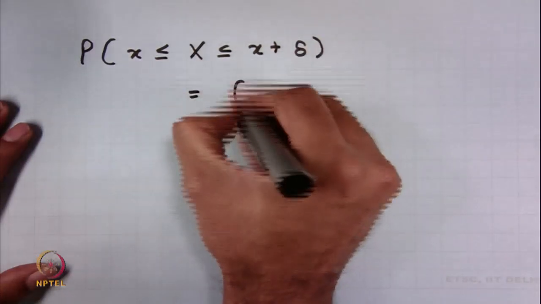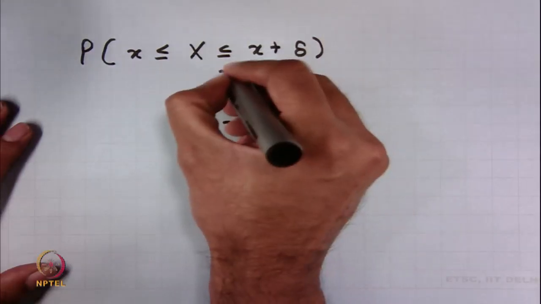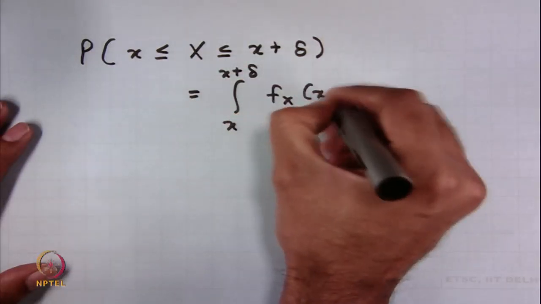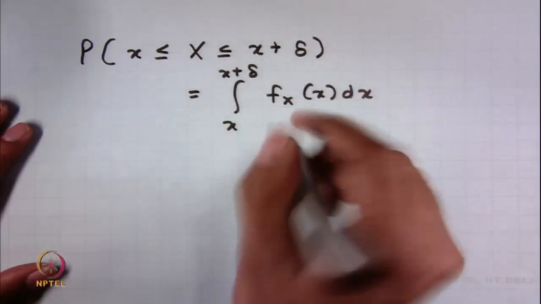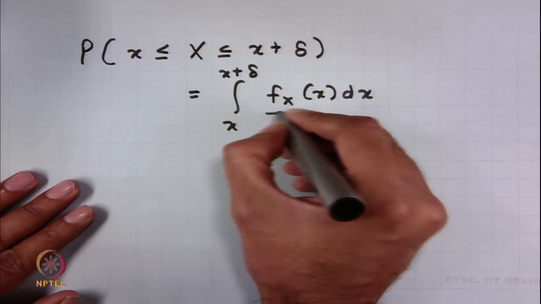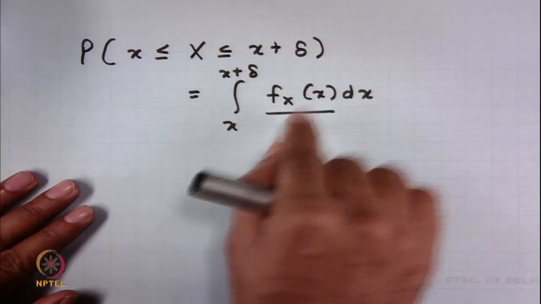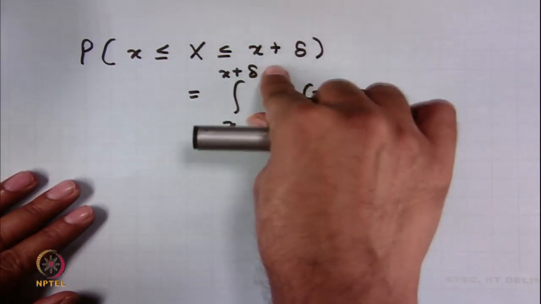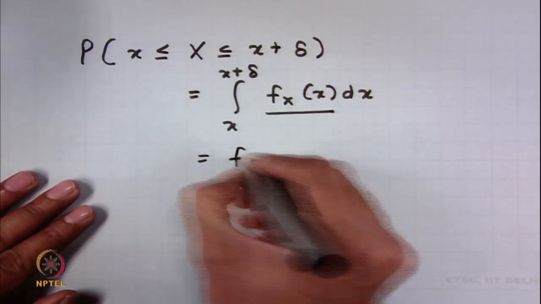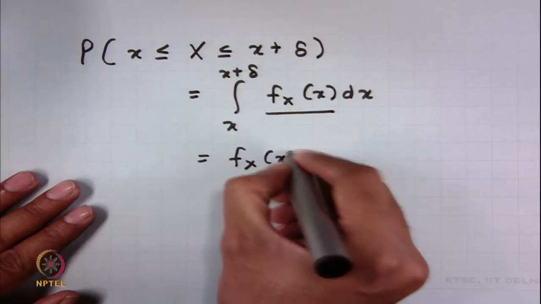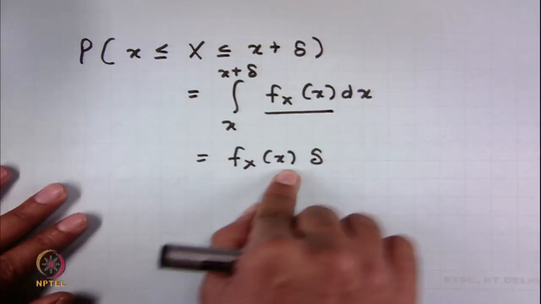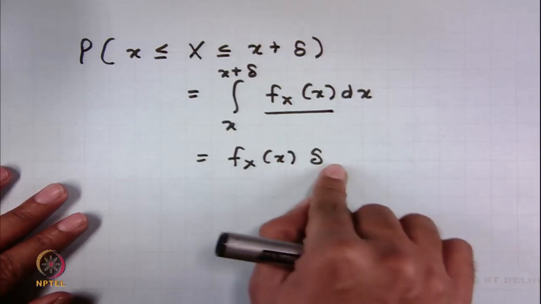let me write this again. And because delta is a very small quantity, let me assume that this probability density function is constant in this limit, and if it is constant I can pull this out, and what I will have is probability density function evaluated at x times delta.